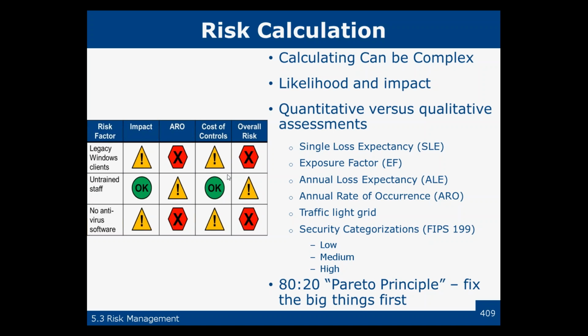Single loss expectancy. How much do you expect to lose in a single loss? And then the exposure factor, what is the exposure of the system. The annual loss expectancy is the number of times a year you expect the single loss expectancy to happen.